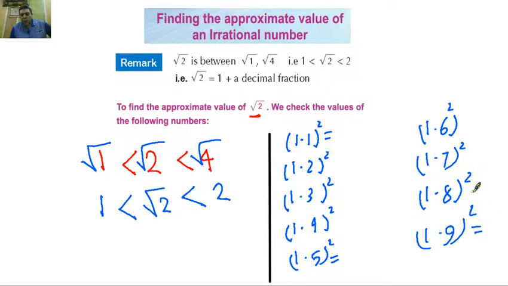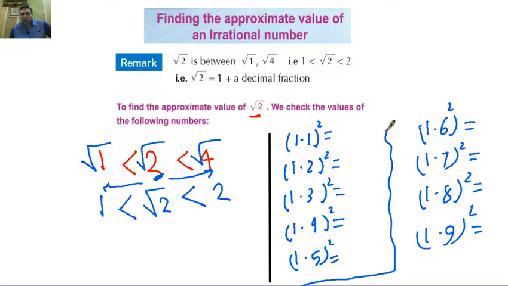We can find the approximated value of square root 2 between these numbers. Is 2 closest to 1 or closest to 4? If square root of 2 is closest to 1, we can find it in the numbers from 1.1 to 1.5.